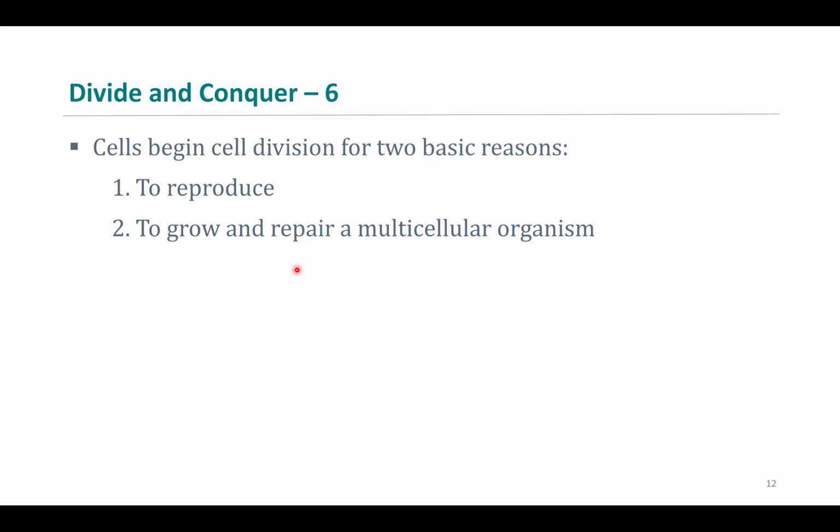That's one purpose of cell division. Another purpose is to reproduce. In order to continue a species, we need to produce eggs and sperm, and eggs and sperm are created through cell division. We will discuss that later in this lecture.